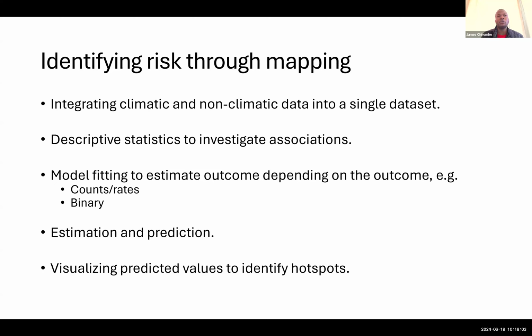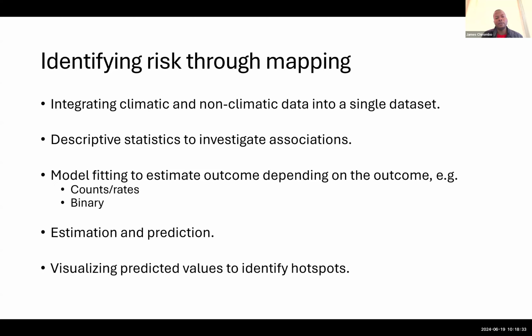But the goal really is to estimate, but also to predict. So if you go back to the example that I gave about point data, let's say you have data from a survey, you just sampled households, but you might be interested in having a more comprehensive idea of the risk across the entire country, not necessarily just a few locations. So it means you have to do some kind of prediction.